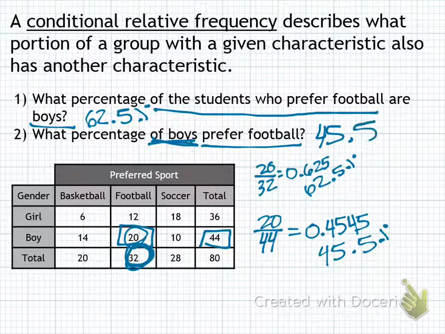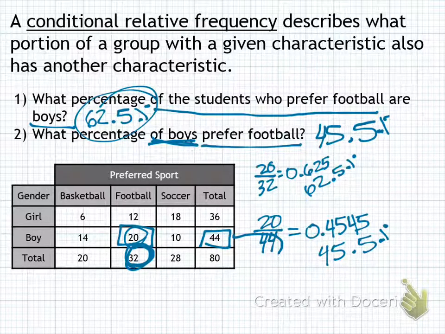So even though these questions sound kind of similar, they're really asking different things. So the percentage that's left of this would be the girls who prefer football, okay, right? It's saying what percentage of the students who prefer football are boys. So the alternative would be that they're girls. So whatever's left from that, 37.5% would be the percent of students who prefer football that are girls.